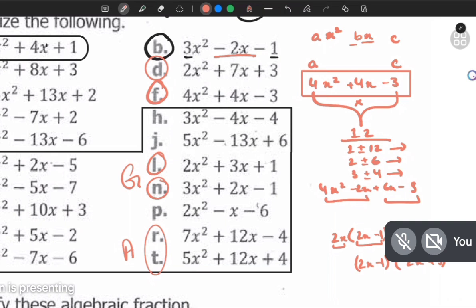Sir, I'm stuck in R. Are you doing R or has T been done? No, there is one place in R, for example. Can both of you send your workings on the group and make corrections right there?